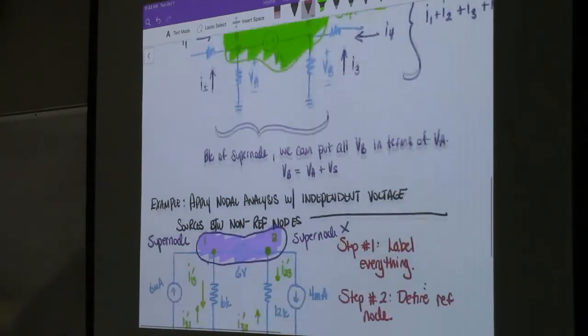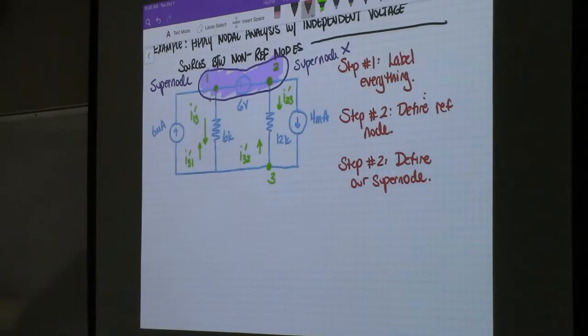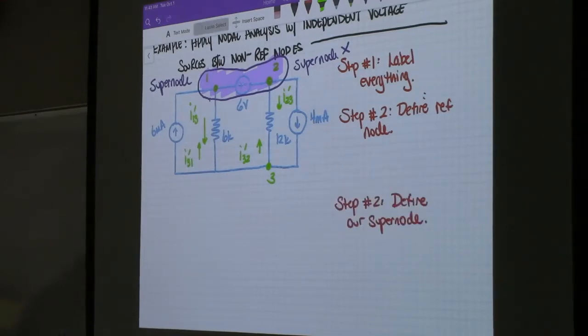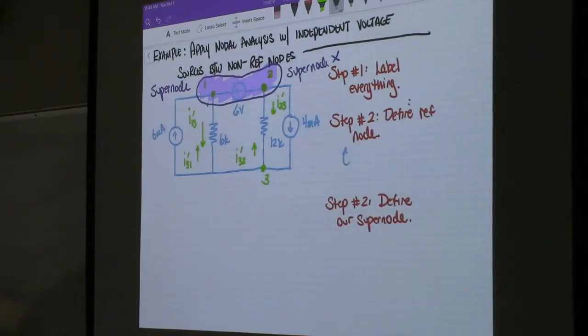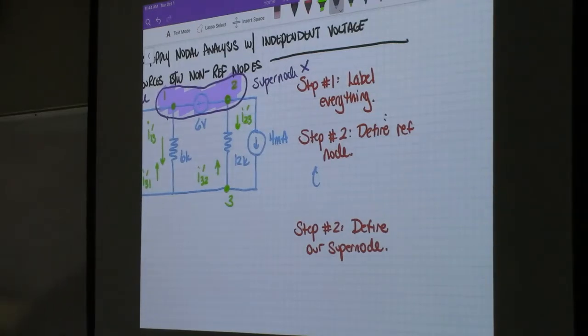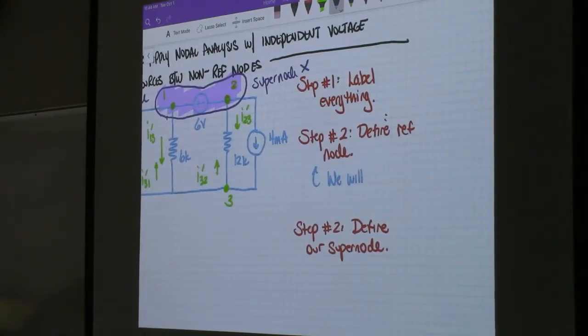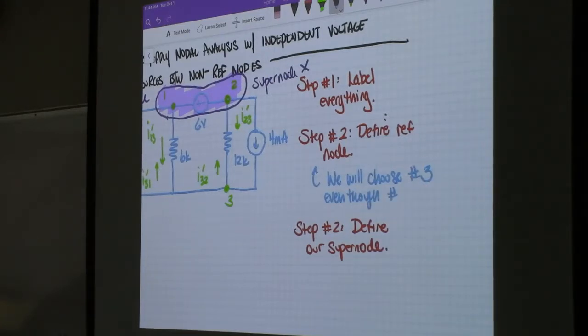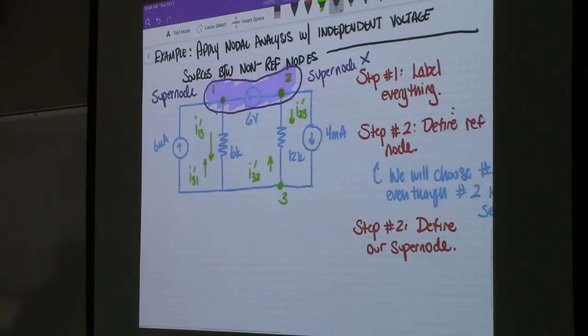So in this one, what we're going to do, we're going to choose node number 3 because that's the way the problem wants us to do it, even though node number 2 makes more sense.